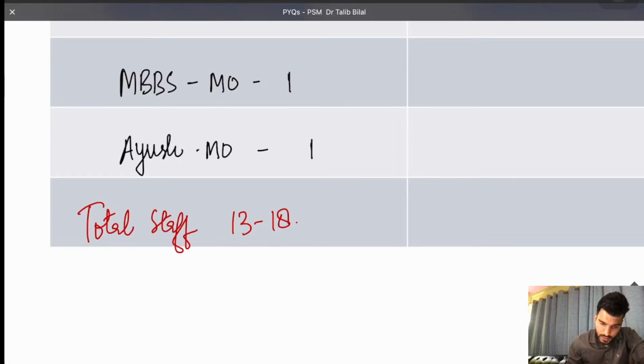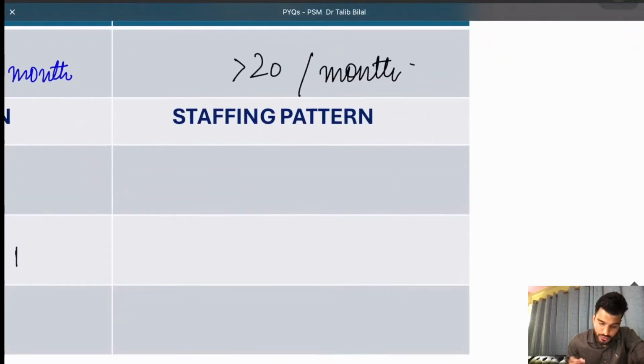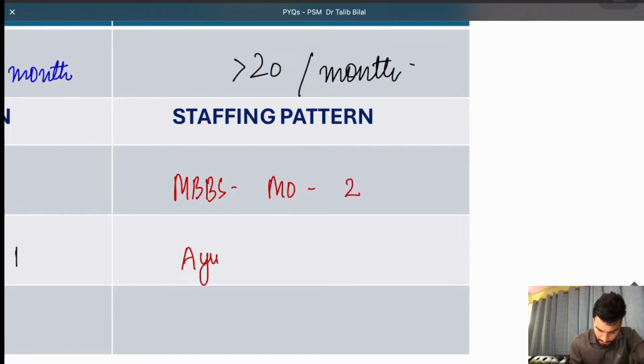In type B, more than 20 per month, and staff, if I talk about MBBS medical officers, will be 2. Ayush medical officer will be 1.